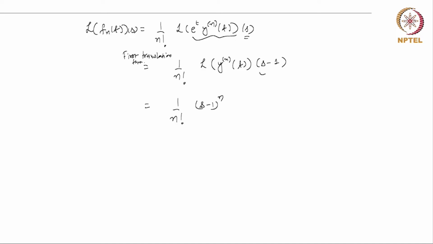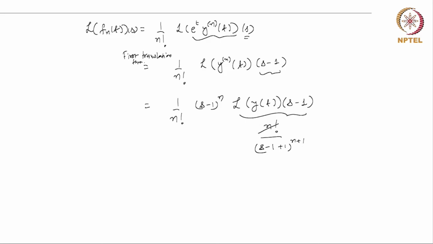Because we are evaluating at s minus 1, this is (s-1)^n times the Laplace transform of y(t) evaluated at s minus 1, and this is nothing but n factorial over (s-1+1)^(n+1).